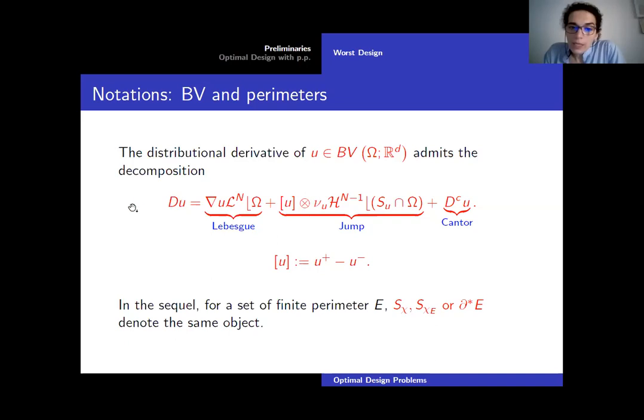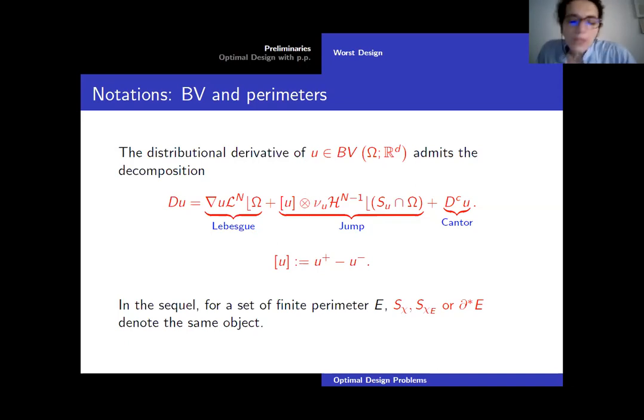Because this is a measure, it can be decomposed with respect to any measure that we want, but the most interesting ones related to the nature of the field u are the first one, which is the Lebesgue measure here, plus a jump term, where essentially this is a rank 1 matrix described through the difference between, let's say, the two side approximate limits of the point u, times the normal to the set where there is this jump between these two values, and then a counterpart, which is somehow a measure in between the Lebesgue and the jump.